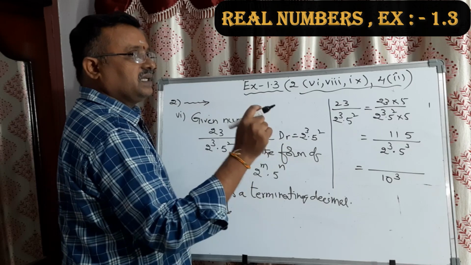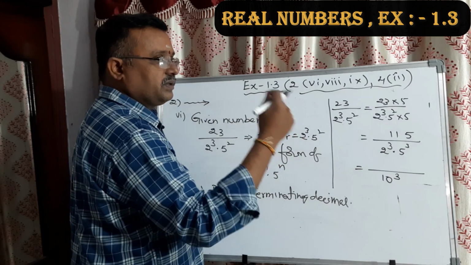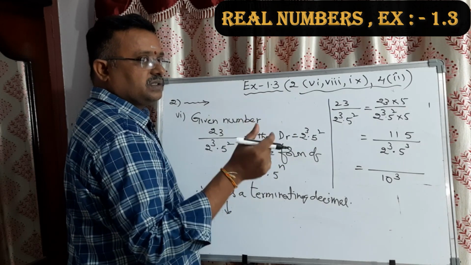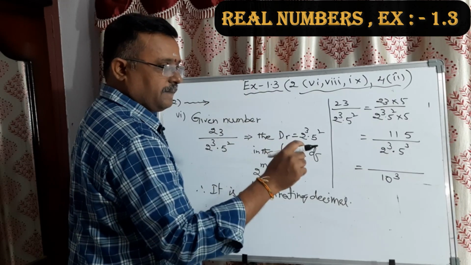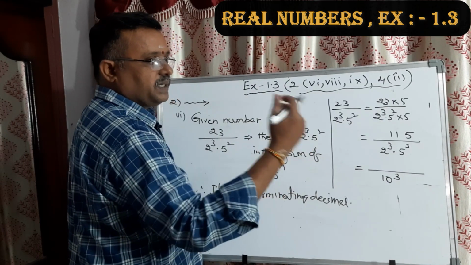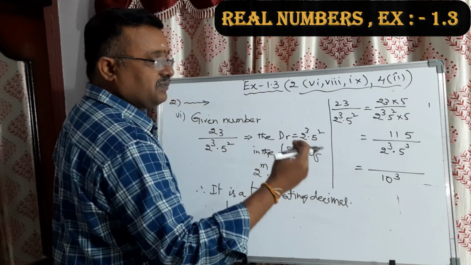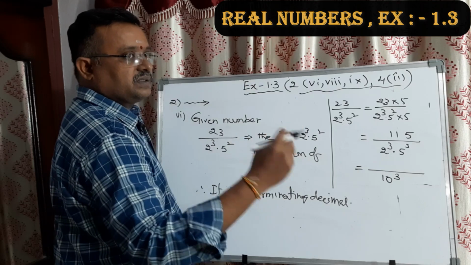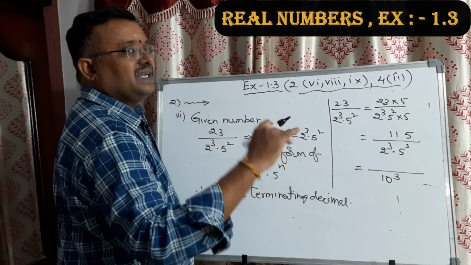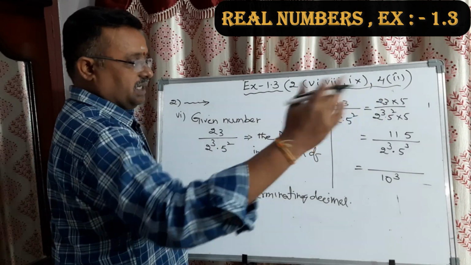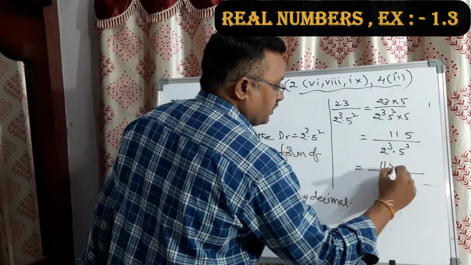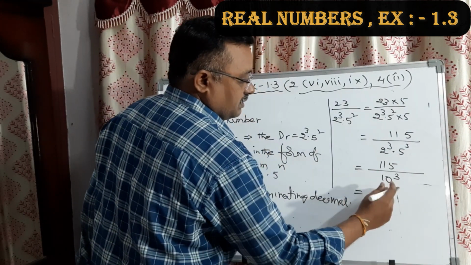That is the feasibility. For that only, we say that the denominator should be in the form of powers of 2 and 5 only, because those are the prime factors of 10. So the denominator can be expressed as powers of 10. 10 means deci. If the denominator is a power of 10, automatically the number will become a decimal and it will terminate. So 115 by 10 cube, that is 115 by 1000.